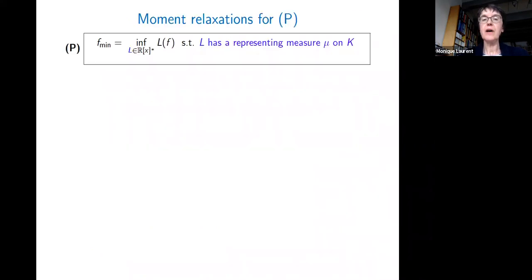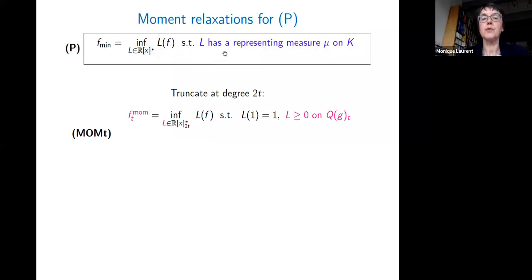So now we are ready to define the hierarchy of moment relaxations for our original problem. We start with this reformulation in terms of existence of L having a representing measure. Then we replace it by the necessary condition for it, and we truncate in order to get programs that we can compute. Again, we fix the degree t and truncate to degree t, which means that the moment bound of order t is defined as minimizing L of f, where L acts on the space of polynomials up to degree t, and L should be non-negative on the truncated quadratic module.